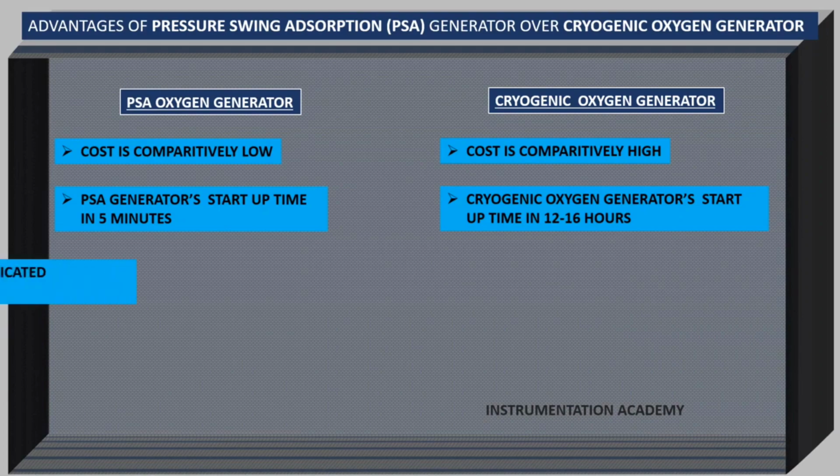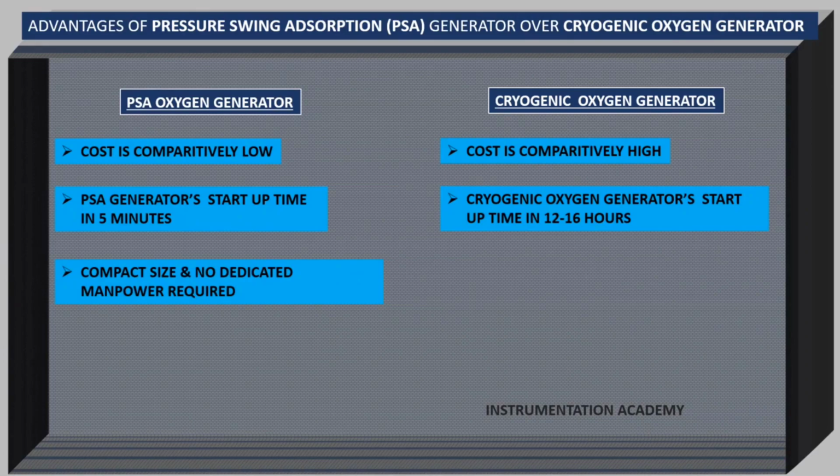A PSA oxygen generator is a very compact unit and does not need dedicated manpower. It keeps working round the clock without any supervision. While a cryogenic oxygen plant is very large equipment requiring a lot of sophisticated controls, and the maintenance cost is also high. So dedicated manpower is needed to monitor the operation of a cryogenic oxygen plant.